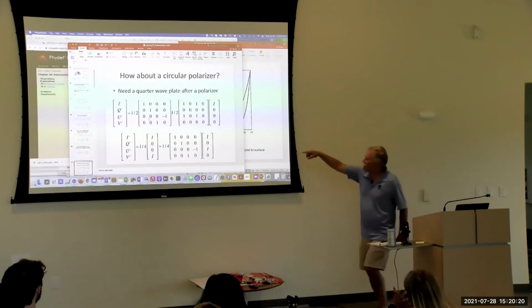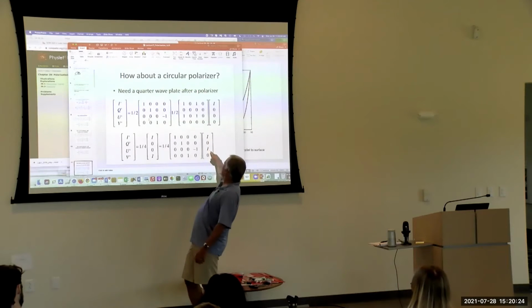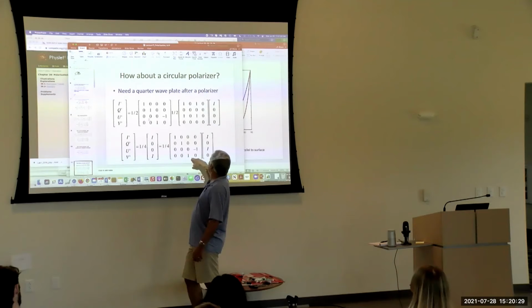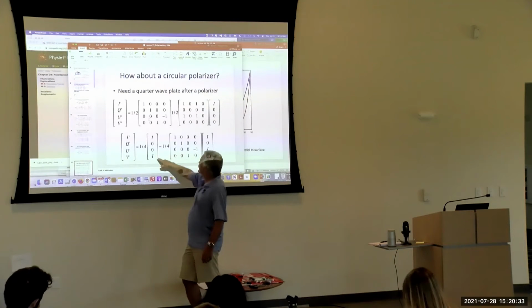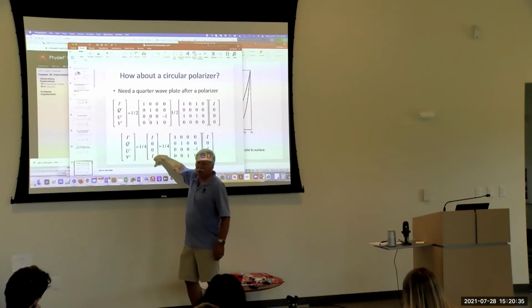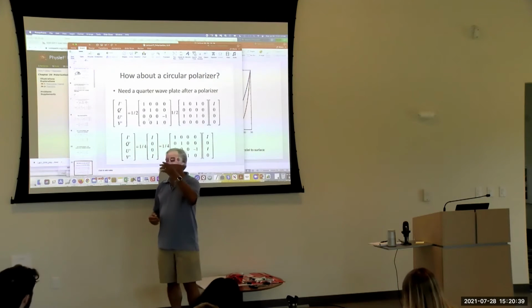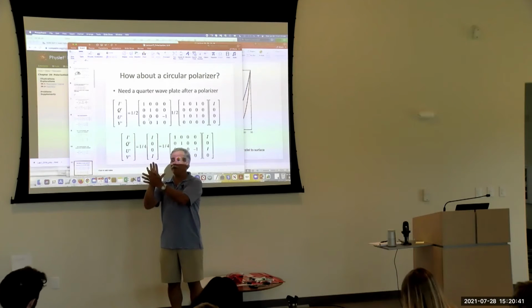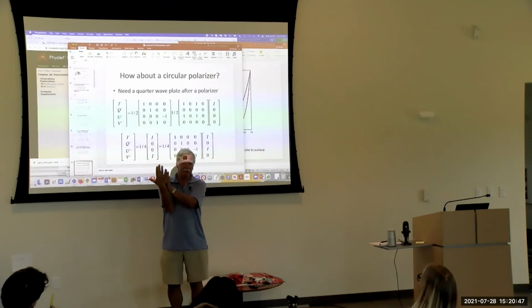If you look through there, what you end up with is this one showing that it's all polarized in the 45-degree plane. You multiply it by here, and by having this element down here multiplied by that, you end up with a circular polarization component. So a circular polarizer is made up of a linear polarizer then a quarter wave plate. Interestingly enough, you turn that around, and what are you going to have out of it?